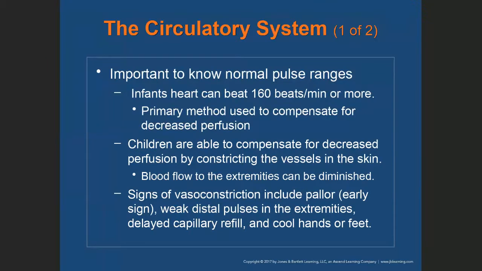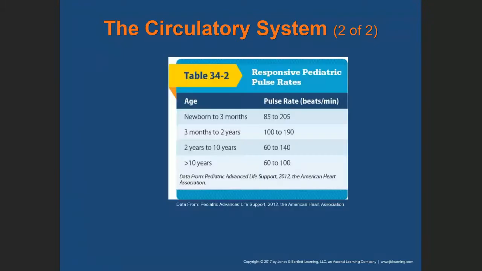Children are able to compensate for decreased perfusion by constricting vessels in the skin. Blood flow to the extremities can be diminished. Signs of vasoconstriction include pallor, which is an early sign, weak distal pulses in the extremities, delayed capillary refill, and cool hands or feet.